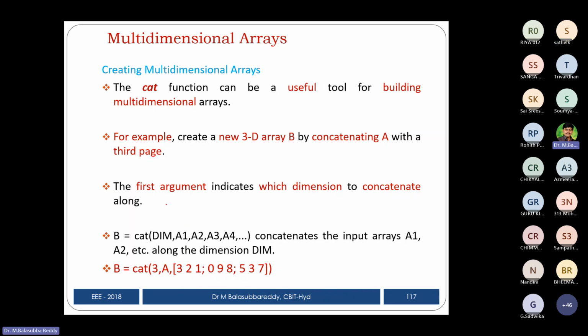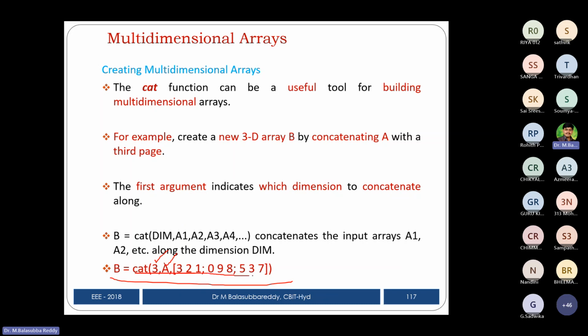Whatever A elements are there, you are assigning to B. For that, you can see the simple syntax here in the last line. B, I'm going to give the new matrix, or A data is assigned to B. In that case, cat is the function. 3 means this third page you are going to add, and A, comma, the third page information is this one.